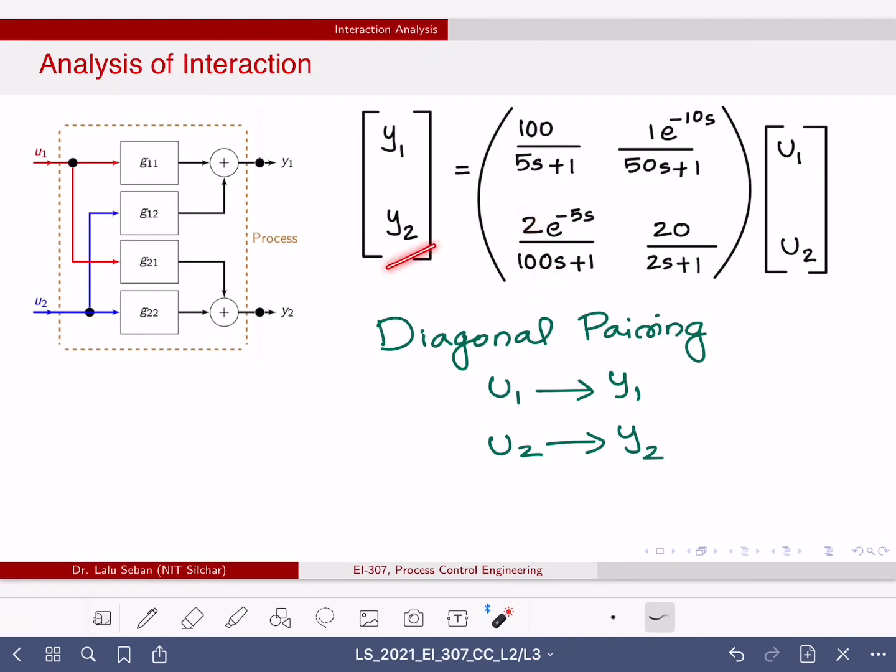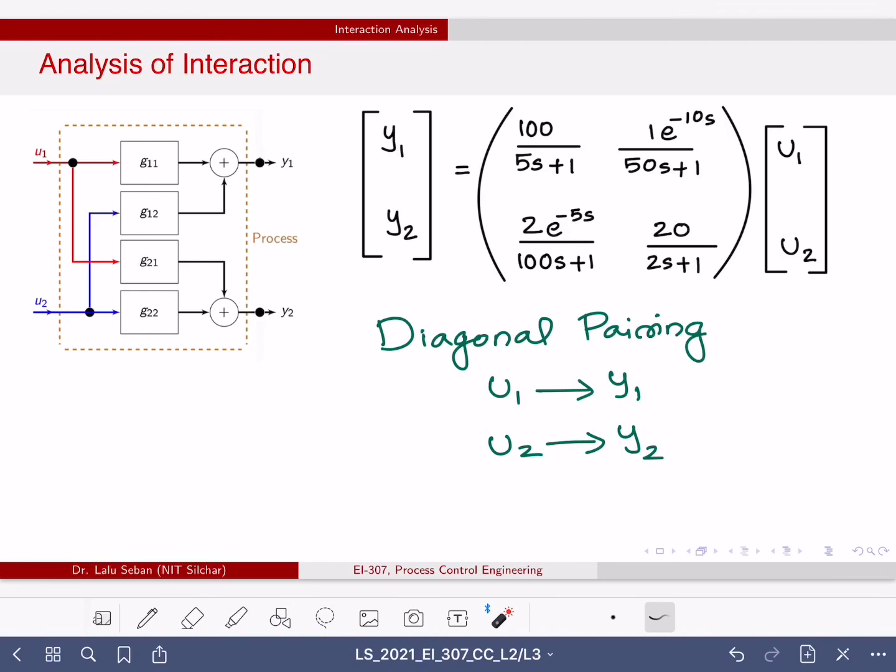What about Y2 and U2? The gain is 20, 10 times the previous one. The time constant is only 2, that means almost 50 times faster, and there is no delay either. So if you go for diagonal pairing, that is U1 with Y1 and U2 with Y2, it's perfect. We should appreciate such pairing here.